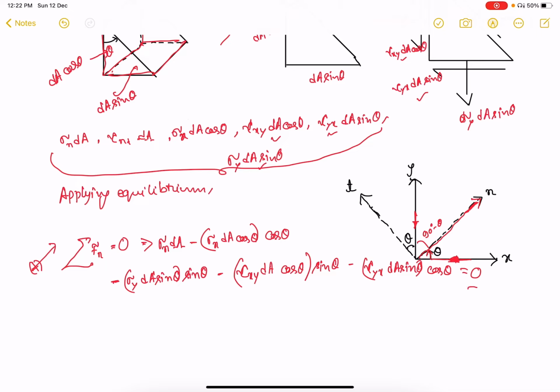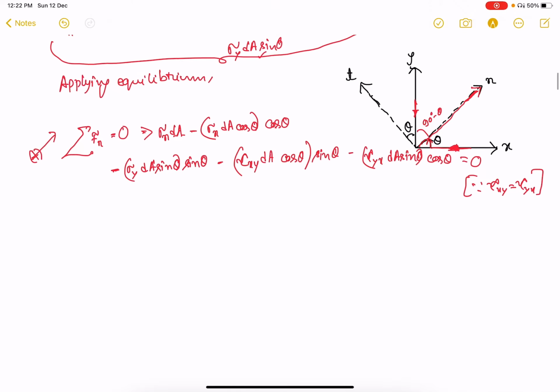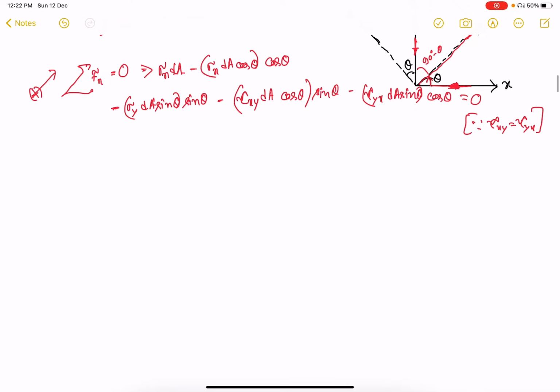But tau xy is equal to tau yx, as we already know.